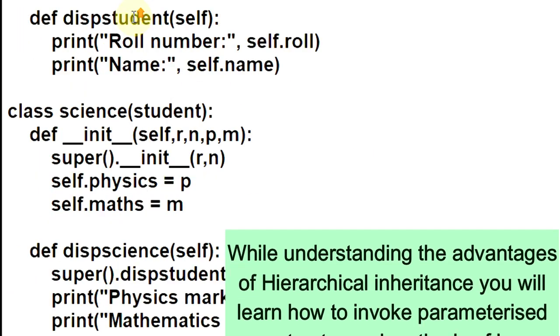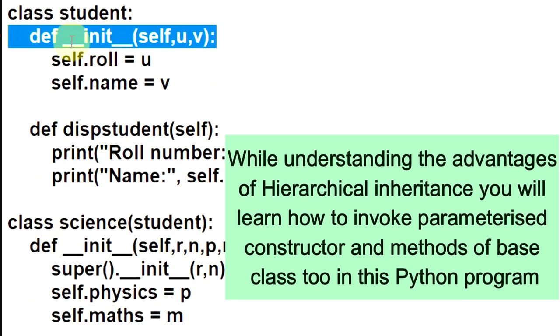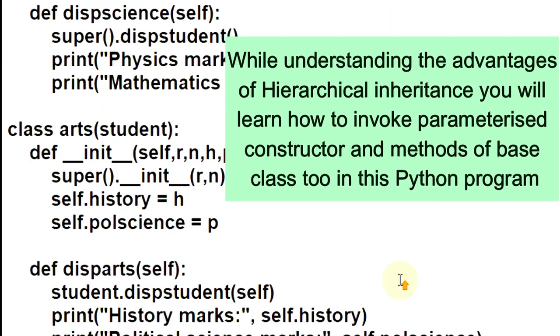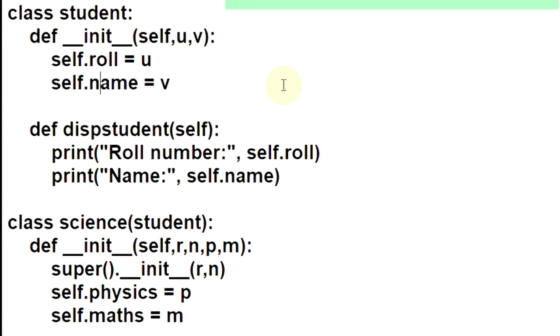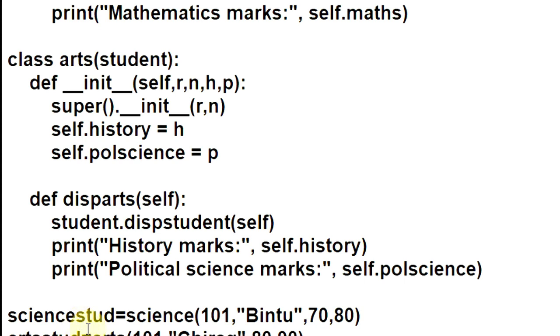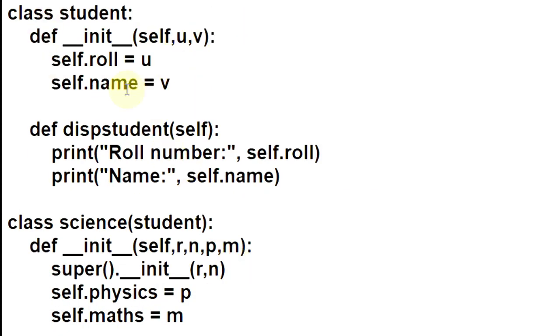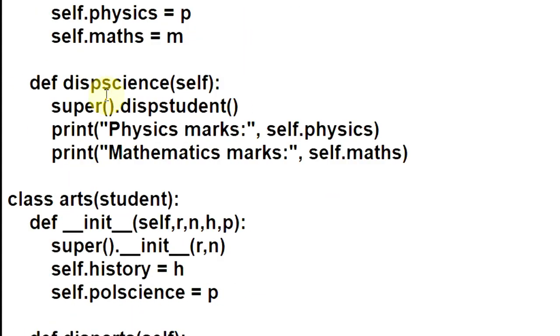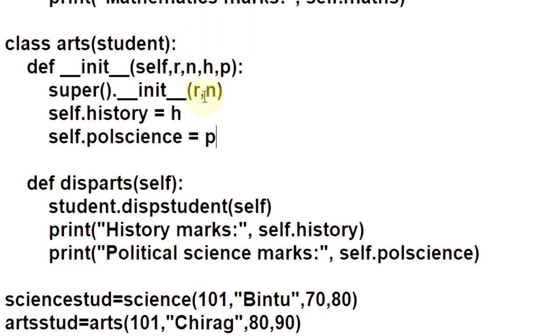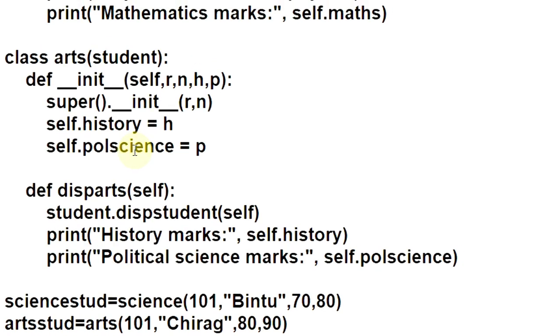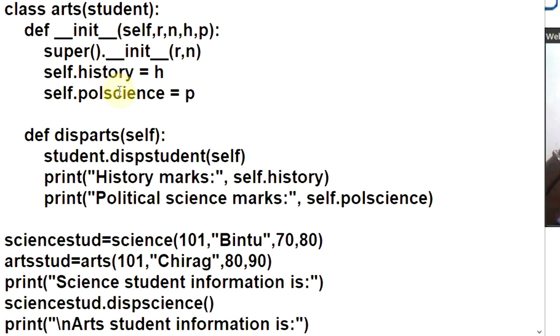So control will jump to the parameterized constructor of the superclass and the values 101 and Chirag will be assigned to these UNV parameters, and from there these values will be assigned to the roll and name attributes of the arts stud object, right? After executing the parameterized constructor of the student class, control will come over here and these two lines will be executed. That is the values 80 and 90 which are assigned to H and P parameters will be assigned to the history and pol science attributes, and these history and pol science are the instance attributes of arts stud object.